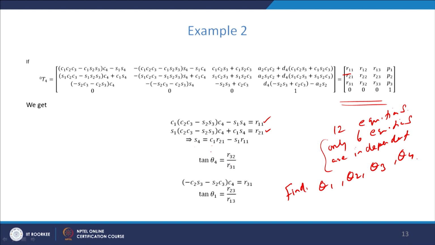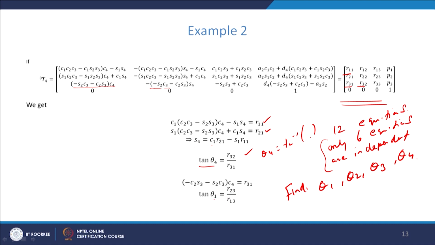Moreover, we can easily get tan theta 4 from R32 divided by R31. R32 by R31 will give tan theta 4, from where theta 4 is tan inverse, etc. Depending on the signs of these two, whichever quadrant it is in, we get the value of theta 4 accordingly.